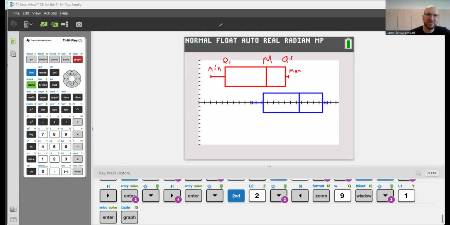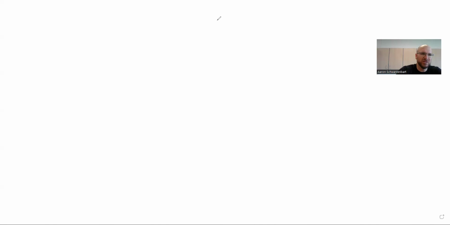Okay. Now we're going to go back to the whiteboard. We're going to talk about skewed data. Sometimes our data will be skewed a little bit one way or the other. So we usually like to view this off histograms. Here's going to be kind of a basic symmetric histogram.